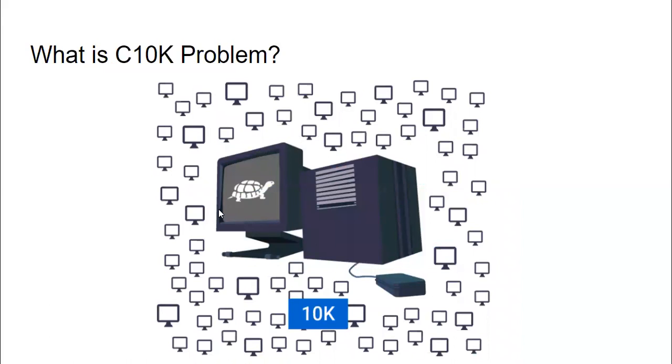Now, what is the C10K problem which led to the invention of Nginx? As we discussed earlier, threaded servers like Apache cannot handle 10,000 connections because each connection creates a new thread and the kernel uses an O(n) algorithm per connection. So 10,000 threads are not possible practically.